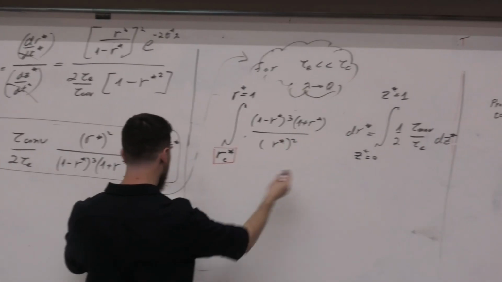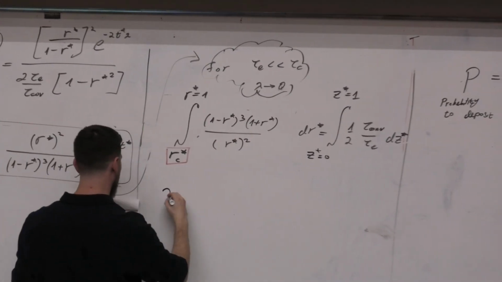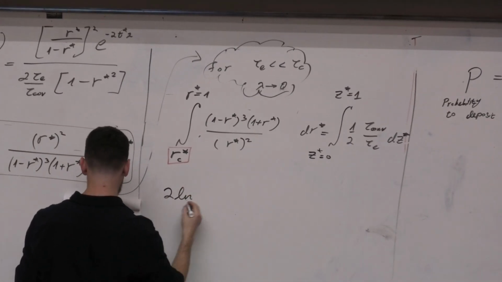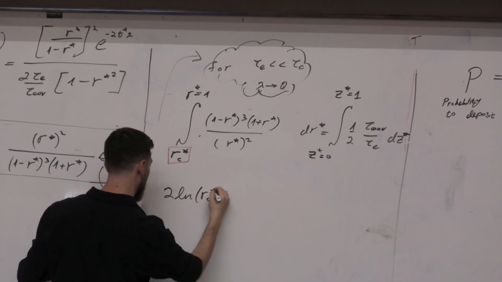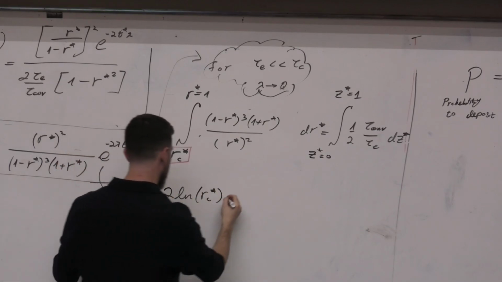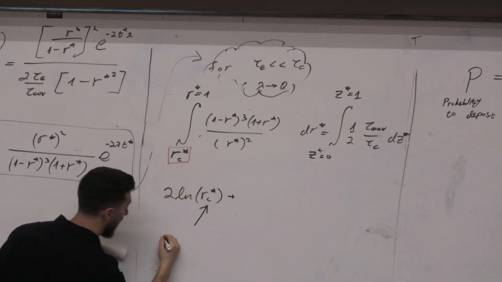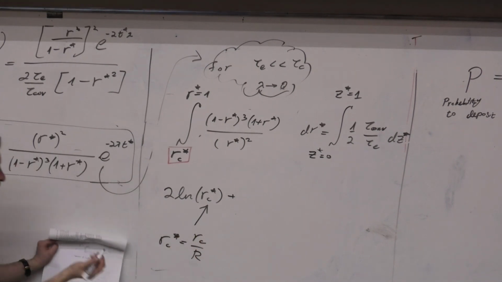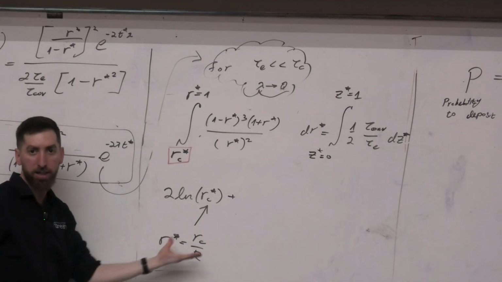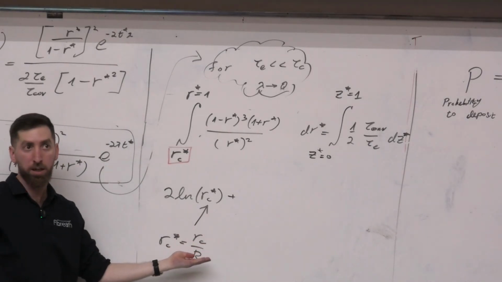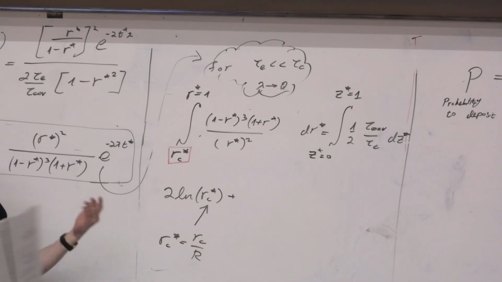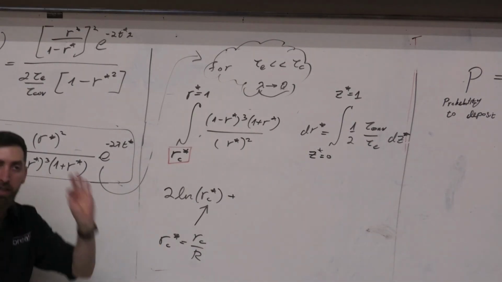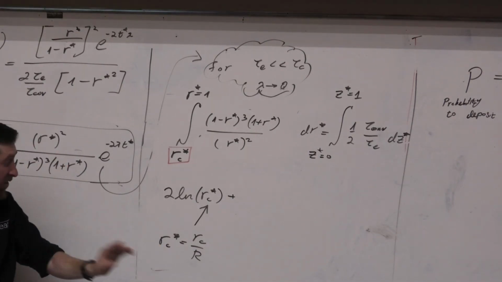So if I'm going to solve this, I'm going to get 2 ln RC star, non-dimensional. I remind you, RC star is just the real RC divided by R. Because I don't really care about RC in a specific cylinder, but I'm looking for all the cases, all the cylinders.